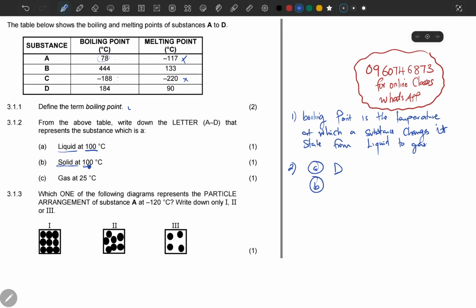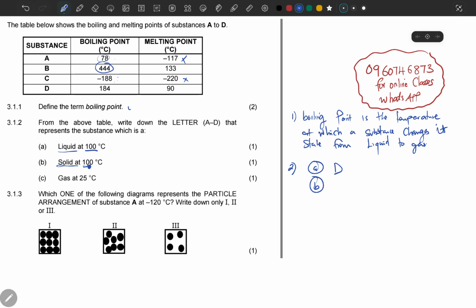Coming to B, B has got a very large boiling point, which does not correspond to a substance which can be a solid at 100 degrees Celsius. It's quite unrealistic.